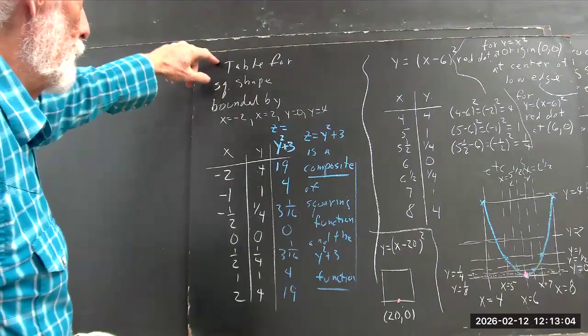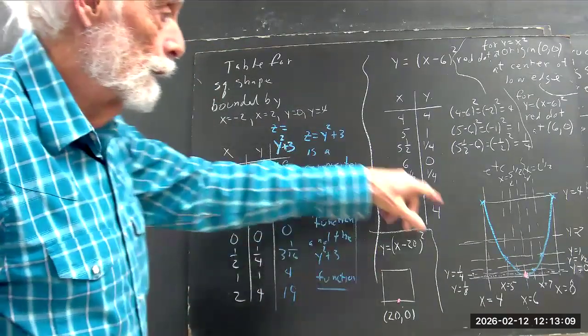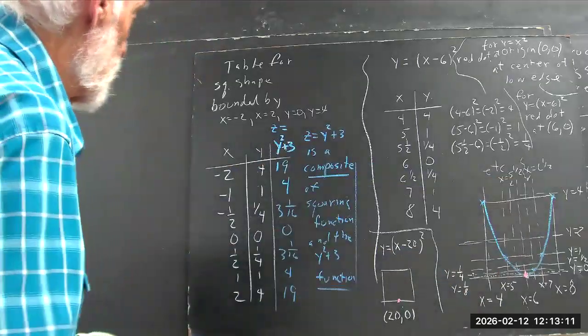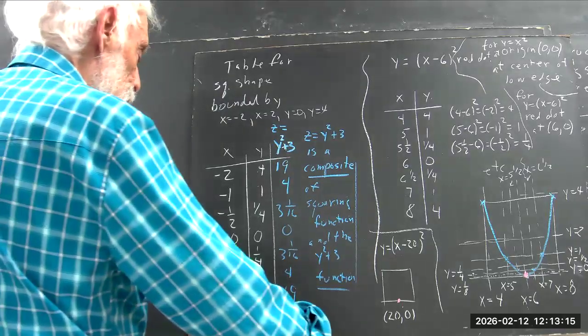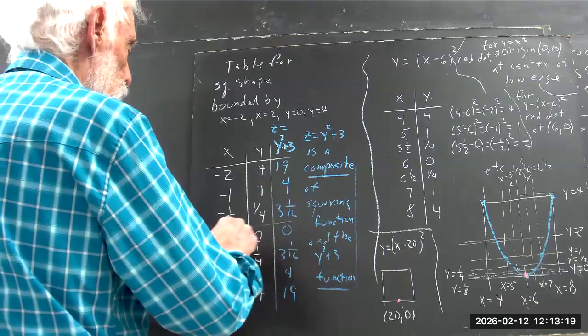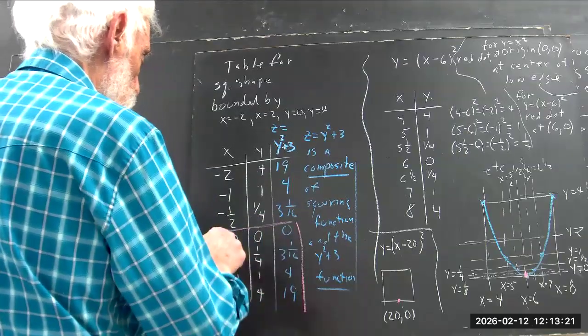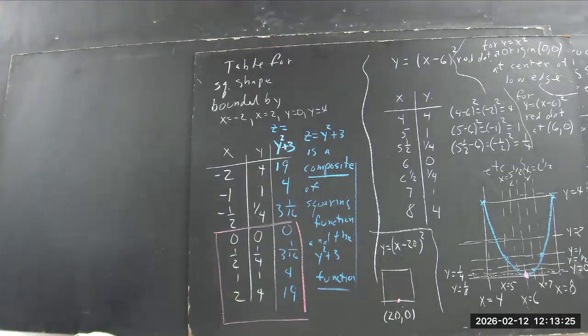Here's your table for the squaring shape, right? And here's the squaring graph. Now, for reasons that I'll explain later, they're difficult to understand, but let's confine our attention to this much of the table.